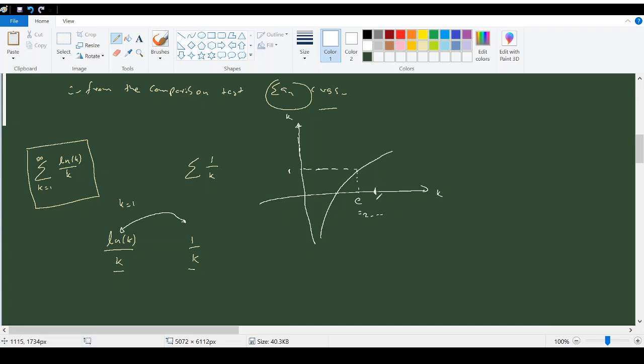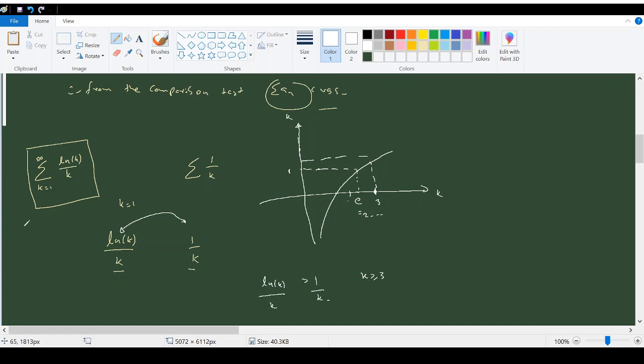So starting from 3 onwards, the value of k will be greater than or equal to 1. So ln k will be greater than 1 for all k values greater than or equal to 3, not for values 2 and 1. And you can divide it by the same number.